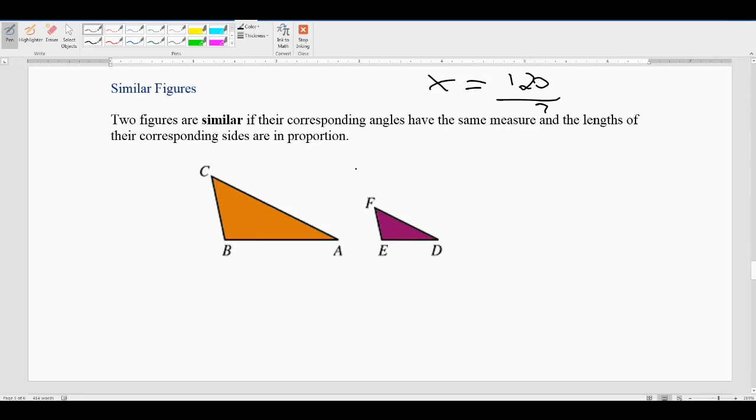Now, what that means is the corresponding angles have the same measure, and the lengths, the corresponding sides, are in proportion. What that means is the ratio of the corresponding sides are equal.